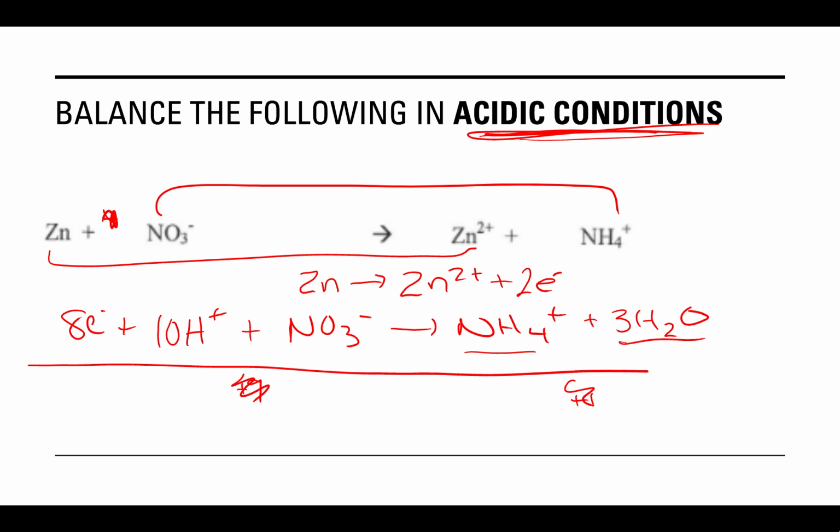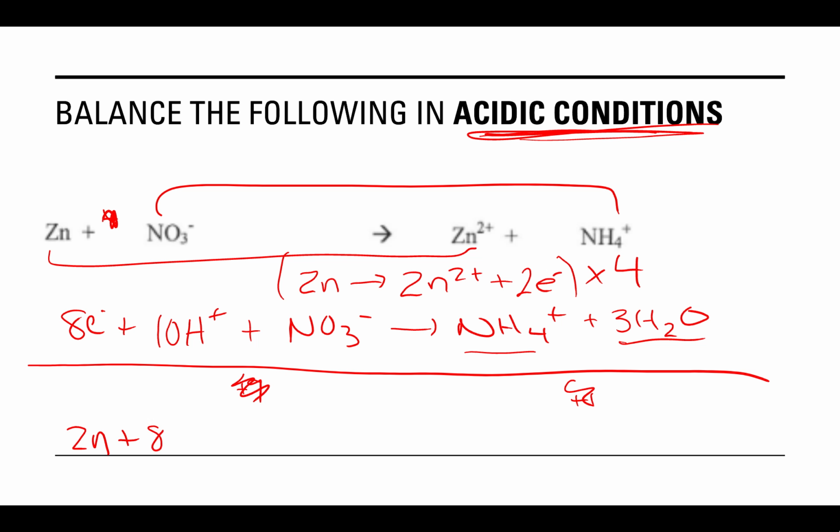Now, before I add these 2 together, I have to multiply that first half reaction by 4 because it's about the exchange and balancing of electrons. So before I add this, I need my electrons to be the same. So let's write that out. You'll have zinc solid plus, and now I'm just adding my reactions together. So all of my reactants on one side.